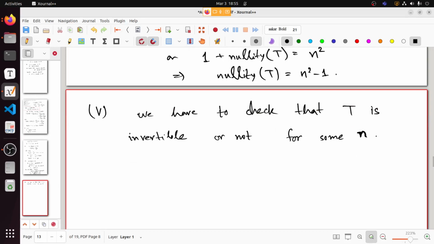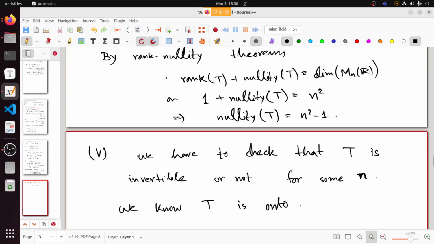For that we have to check that T is 1-1 and onto, that is bijective, because T is linear. We know T is onto, so we have to check whether T is 1-1 or not.